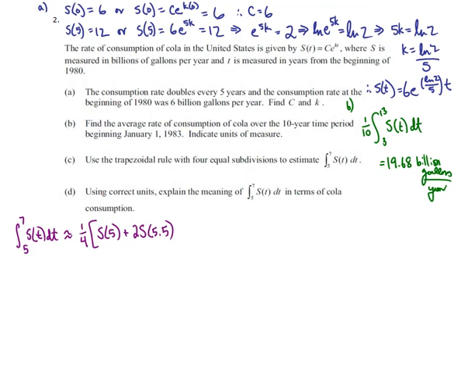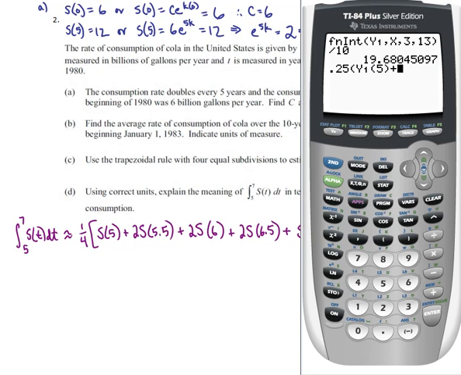Then we have S of 5 plus 2S of 5.5 plus 2S of 6 plus 2S of 6.5, then plus S of 7. Remember, the first and the last are not doubled. All the other ones are doubled because they're used twice, for 2 different trapezoidal areas.